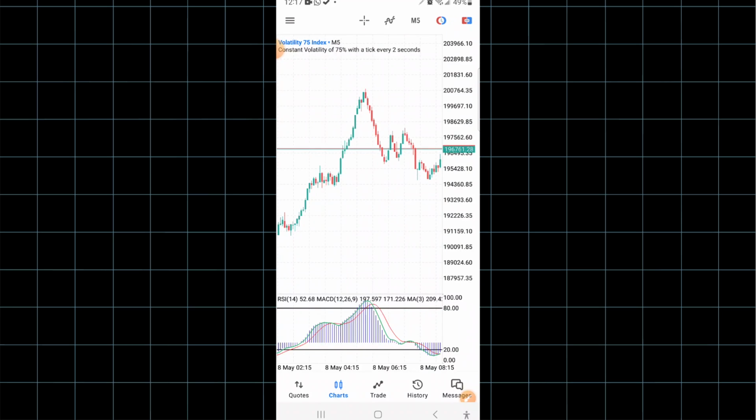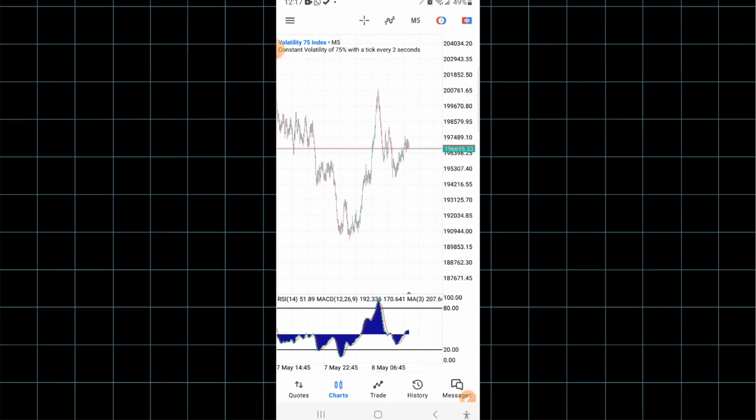Now, here's the strategy. Step 1, zoom out your chart like this. Make the candles as small as possible. Step number 2, wait for the MACD to go above or below the RSI line like this or this, right?